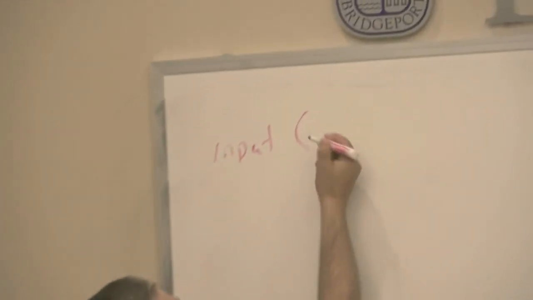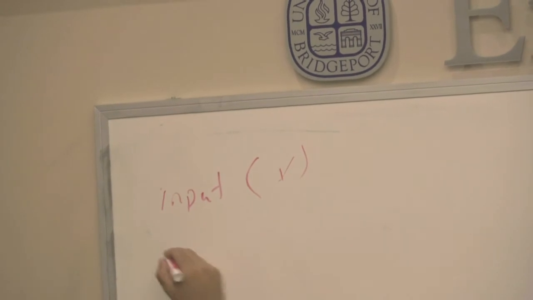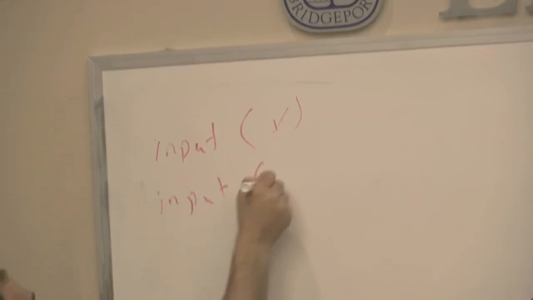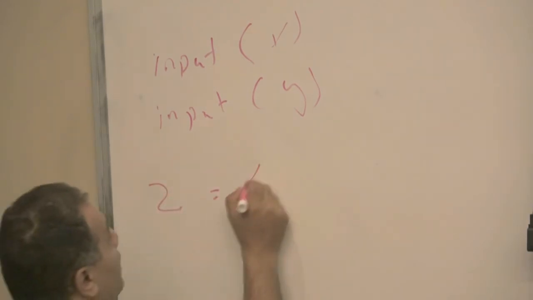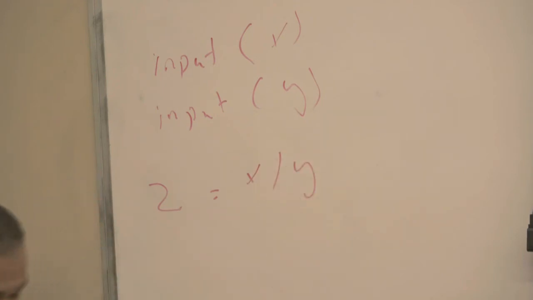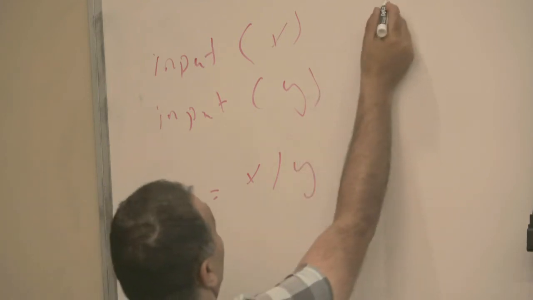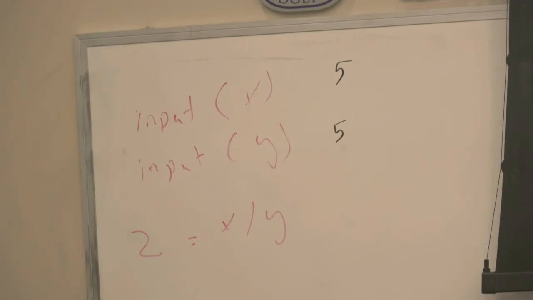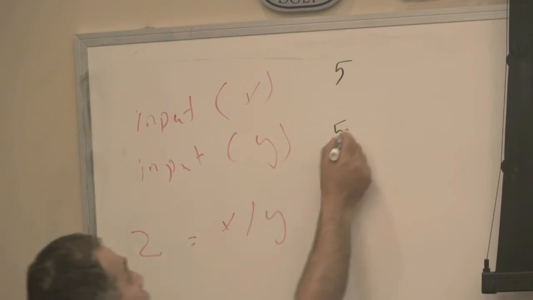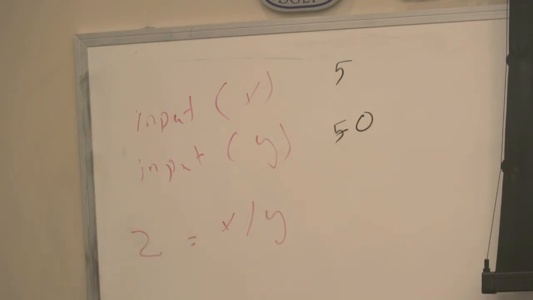Okay, enter a value X, and there is another input, enter a value Y, and then I'm calculating Z equals X divided by Y. So if the person enters 5, and then enters 5, is there a problem? There is no problem. 5 divided by 5 is 1, it will give you the result. But what if the person enters 0? So what do you have now? Division by 0. All right?